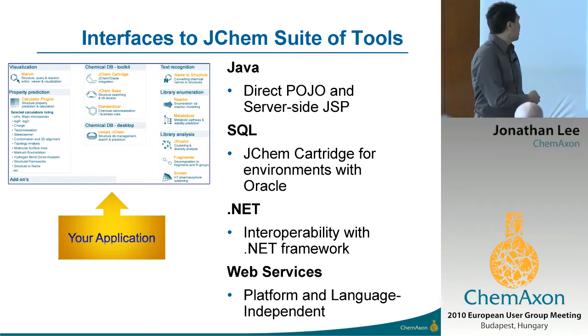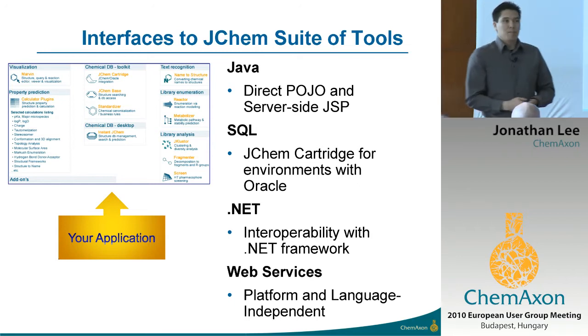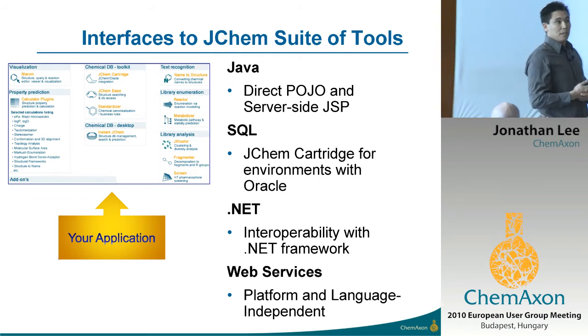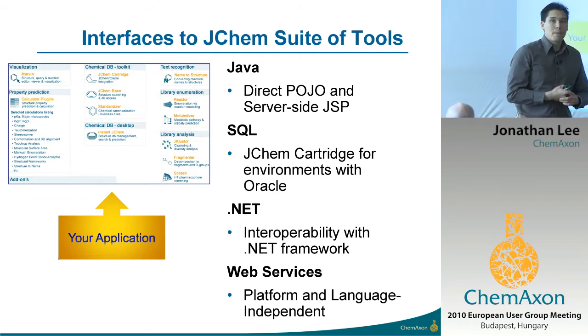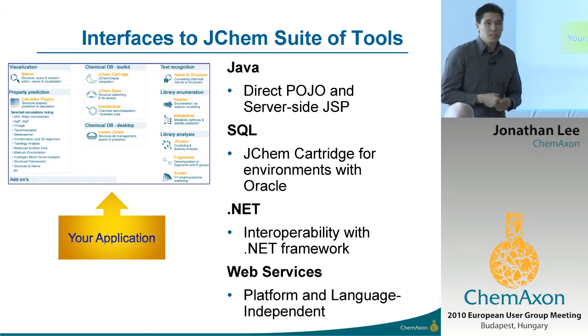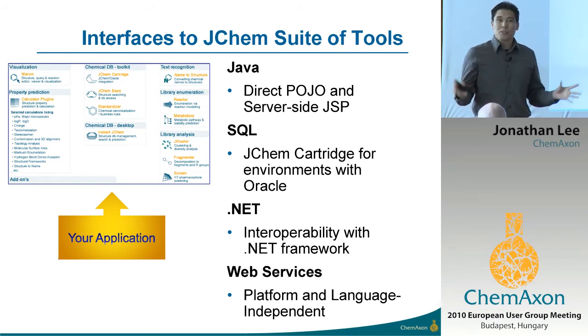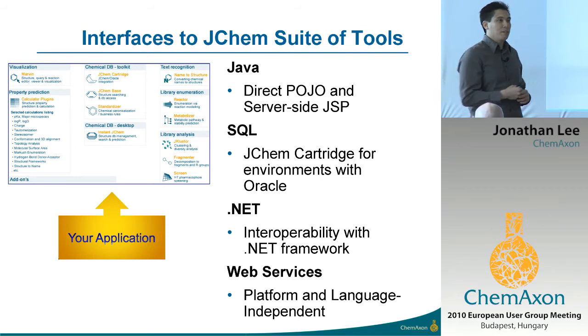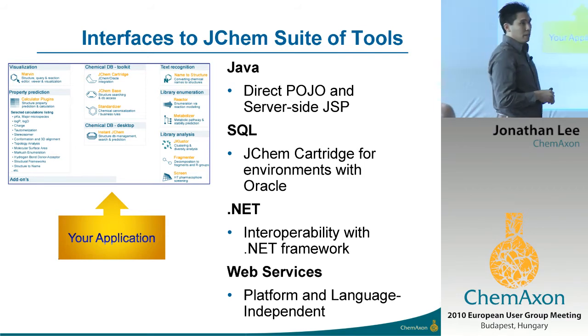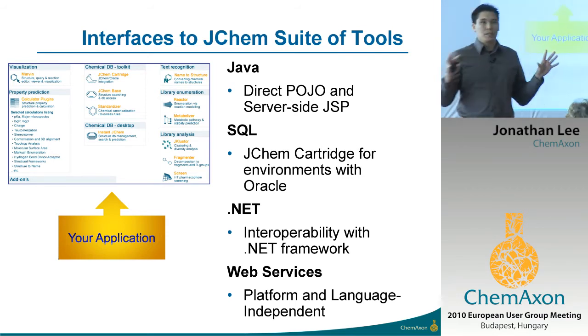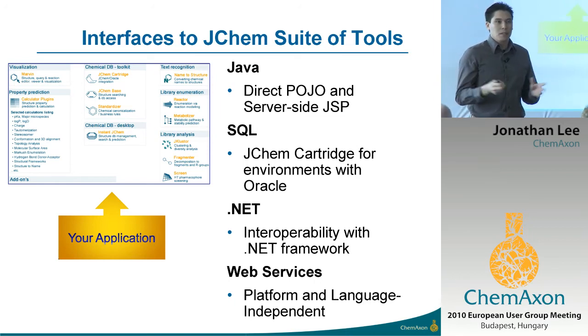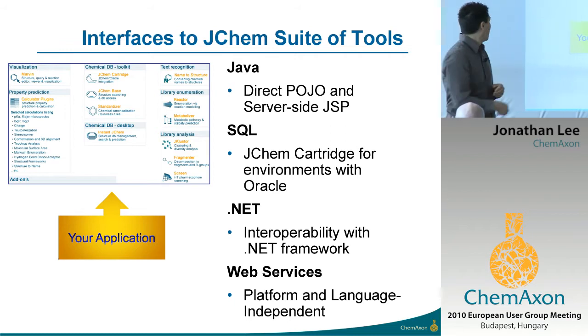The ways that you can do that: Java, directly using plain old Java objects, of course, or JSPs for your web application. SQL, the JChem Cartridge product, is going to allow you to use the SQL language to access all of the search functionalities, all of the different modules inside of JChem.